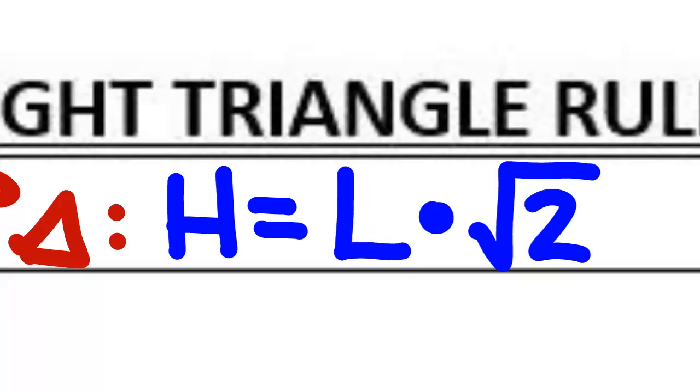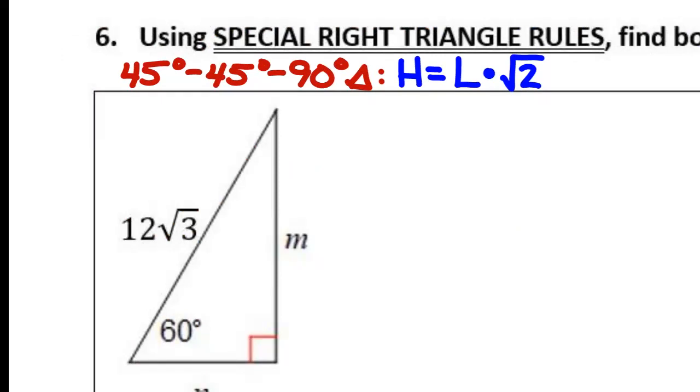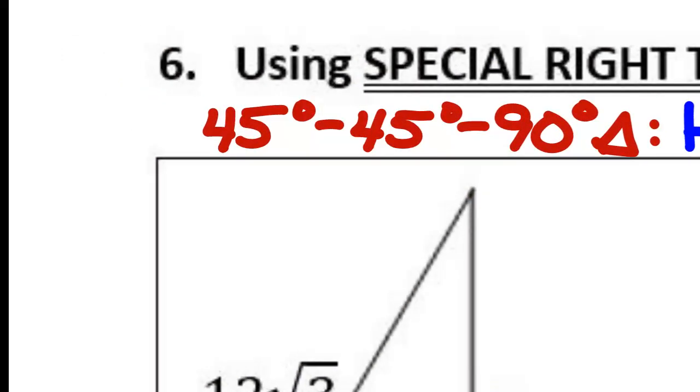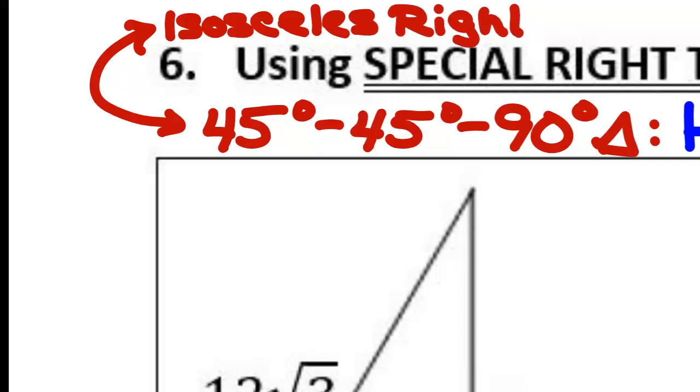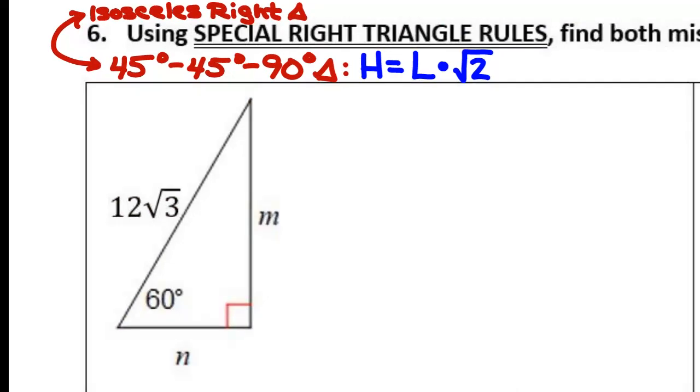It's an isosceles right triangle. If it says isosceles right triangle, that's the same thing as a 45, 45, 90.